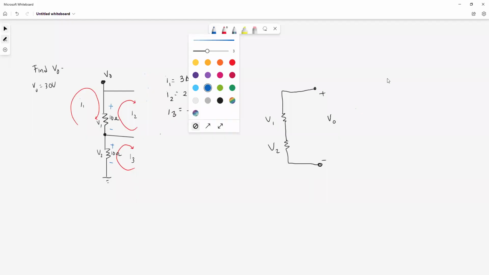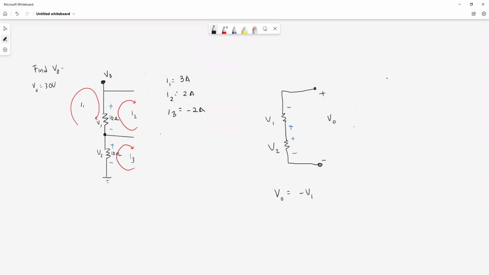What if the polarity is changed? For example, for V1 I assume the polarity is like this, and for V2 the polarity is like this. Based on KVL, I can write my V out equals negative V1 plus V2. Right now, what is my V1? We have two currents, I1 and I2, and we assume I1 is bigger than I2, so it equals 3 minus 2 multiplied with 10.